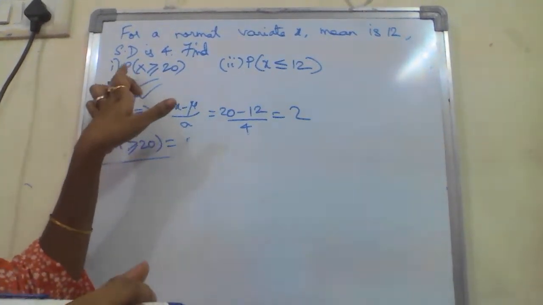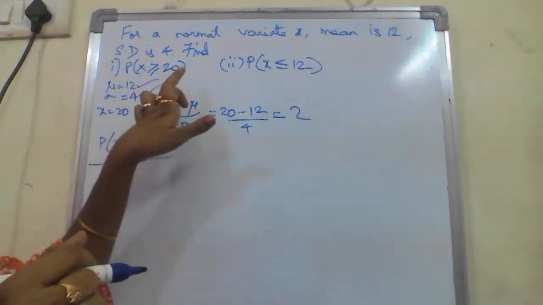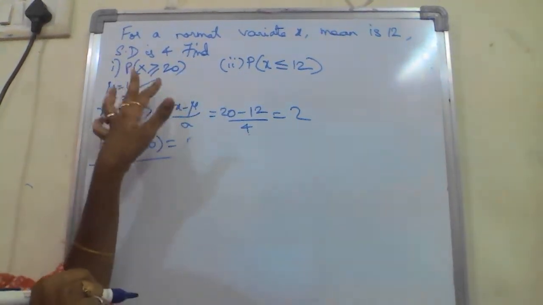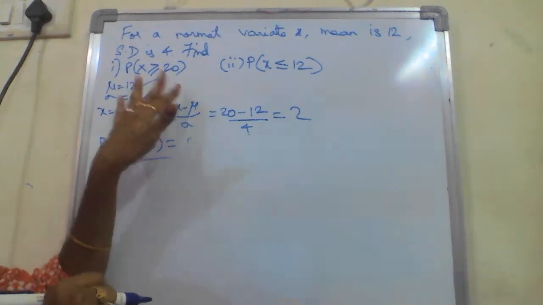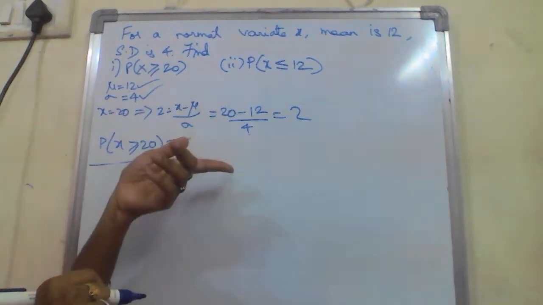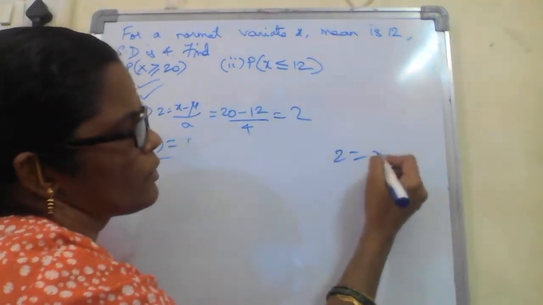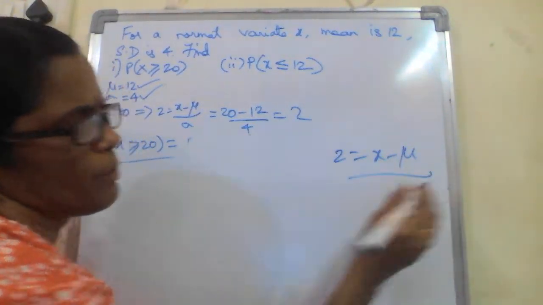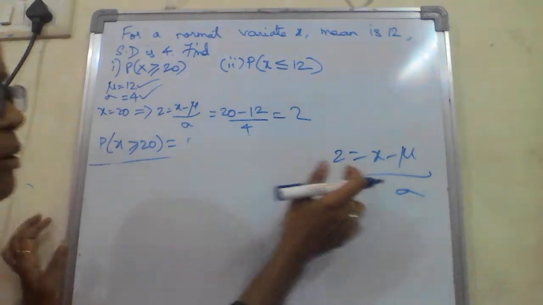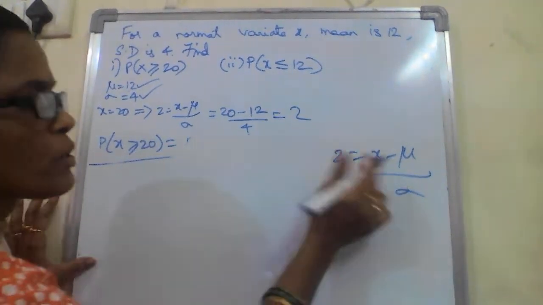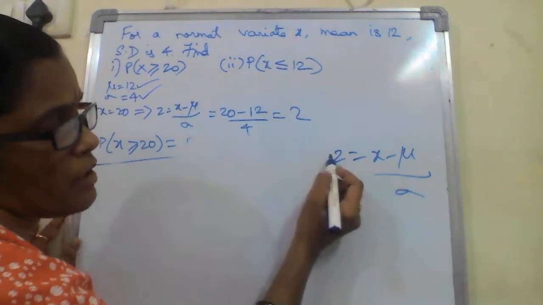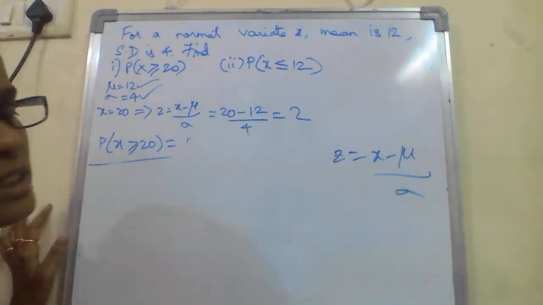He has asked for the probability of x greater than or equal to 20. I told you whatever x is given, you have to convert it in terms of z, with the formula z equal to x minus mu by sigma.